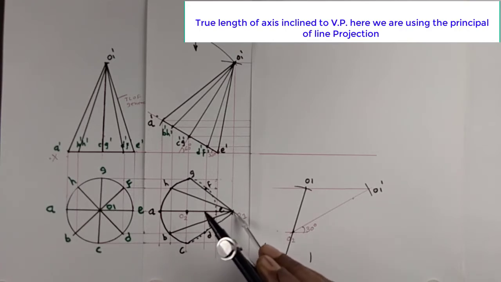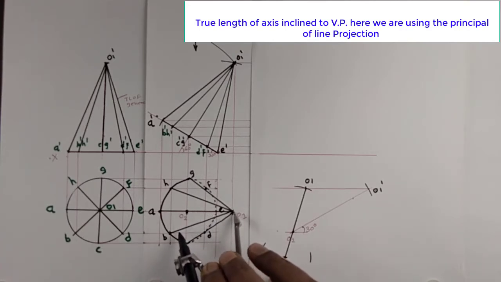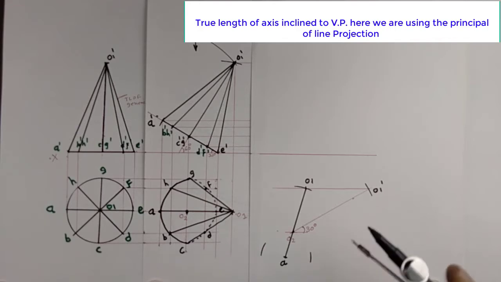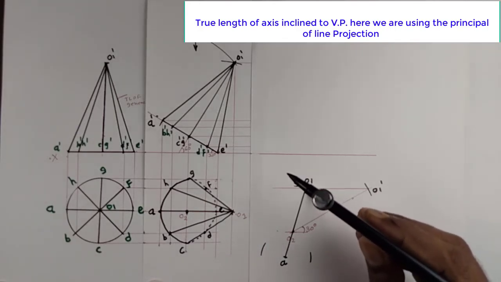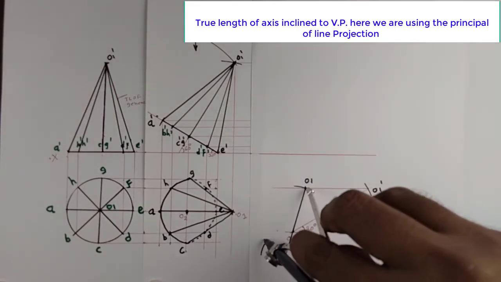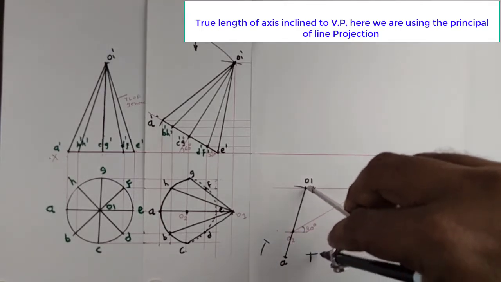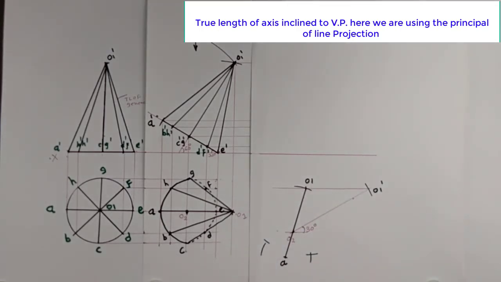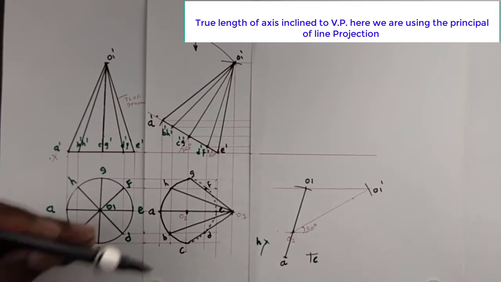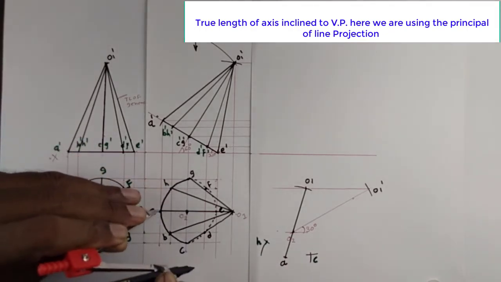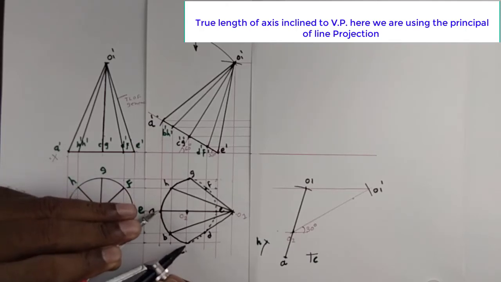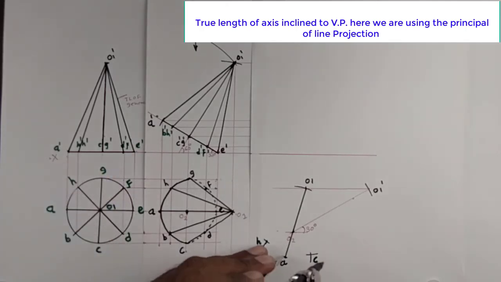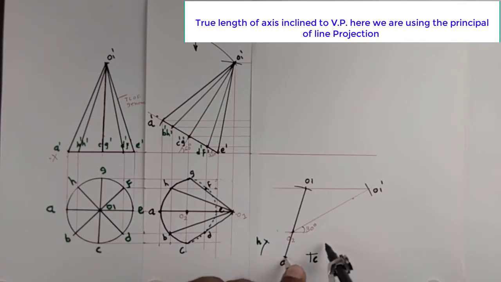Similarly, I measure the distance from O1 to B. This is my plan point O1. I draw the arc on both sides. So it is our C point. This is our H point. Similarly, you can take the radius A to C. Capital A is a center.